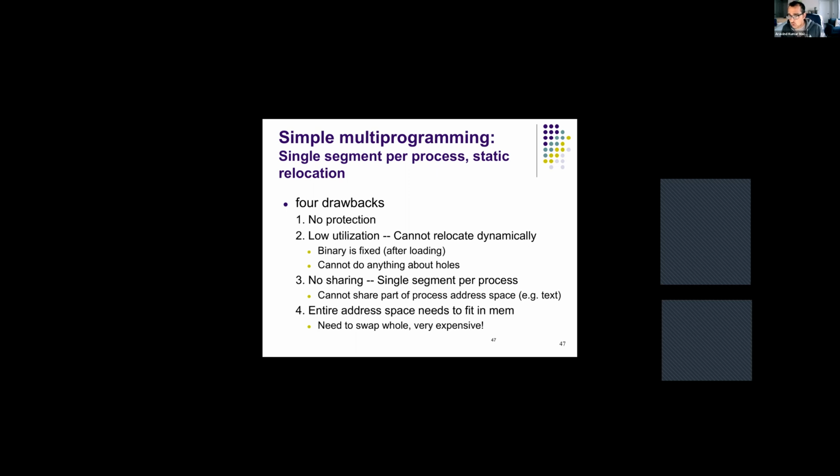When you execute Chrome, it will not be using all the code at once. Chrome might use some parts of the code for some time, and then go to another part of the code. So there is no need to load all the contents of Chrome into memory at once. However, in the simple multi-programming and uni-programming models that we saw, the entire program has to be loaded.